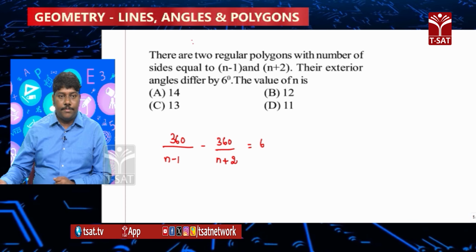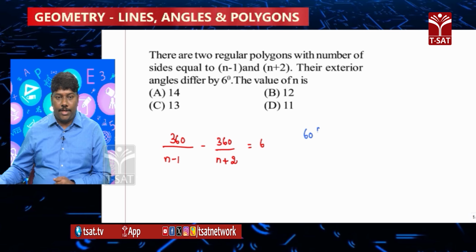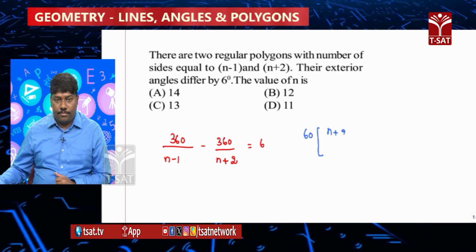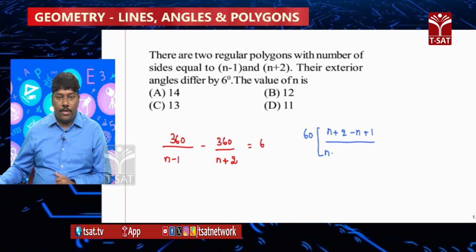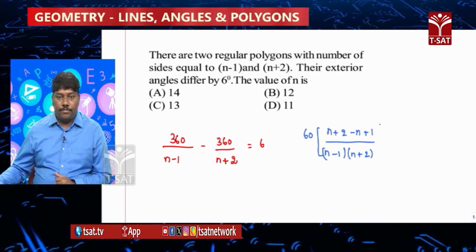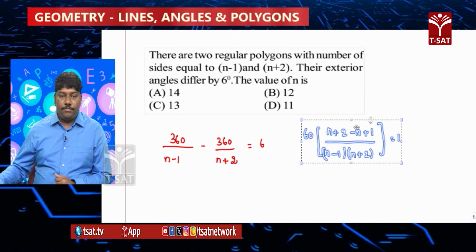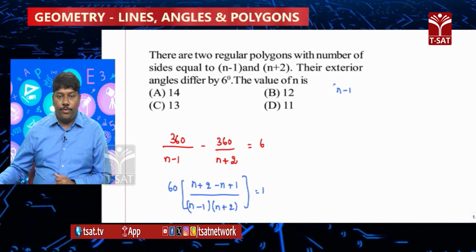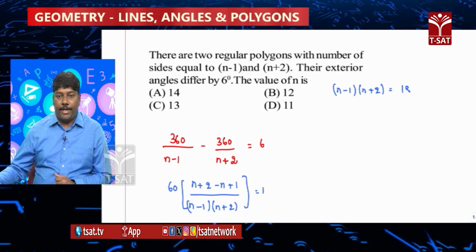Divide everything by 6, you get common 360 divided by 6, it will become 60. n plus 2 minus n plus 1 divided by n minus 1 into n plus 2 is equal to 1. So all you are left with is n minus 1 into n plus 2 should be equal to 3 into 60, 180.